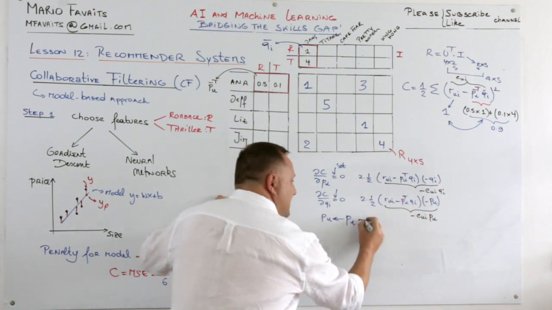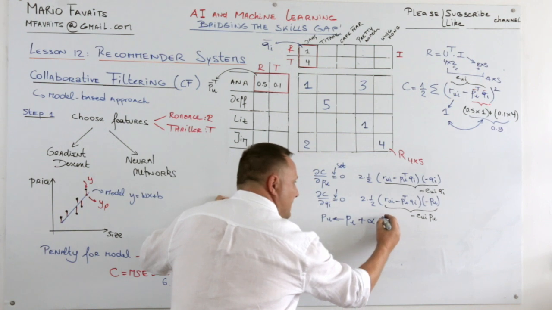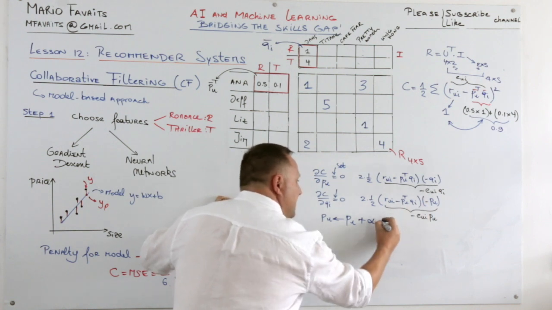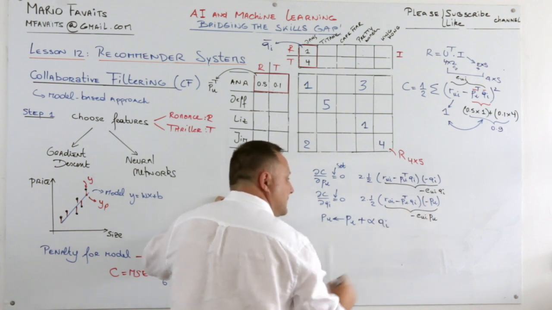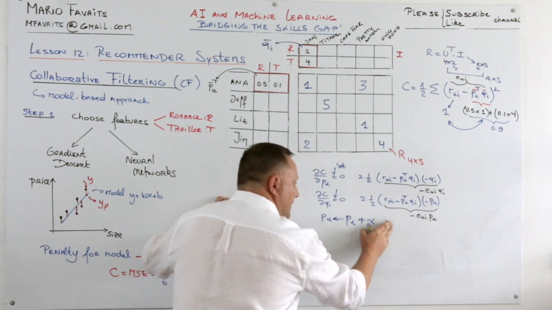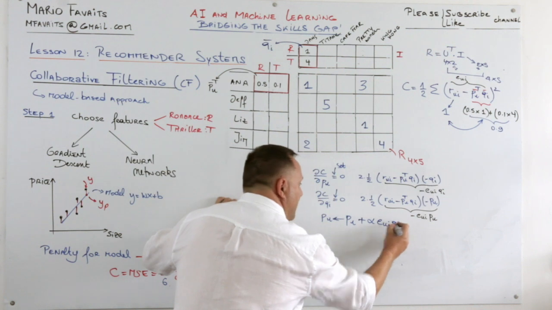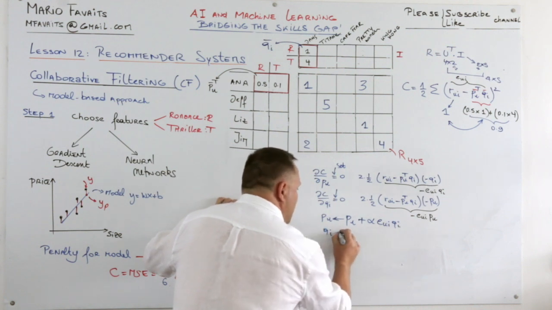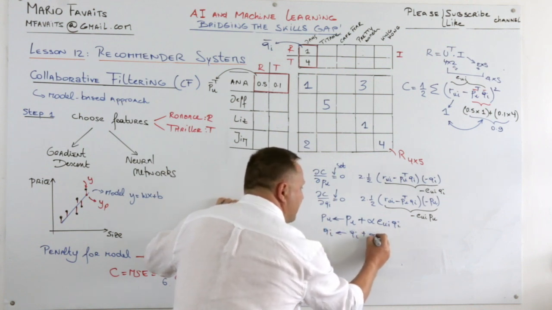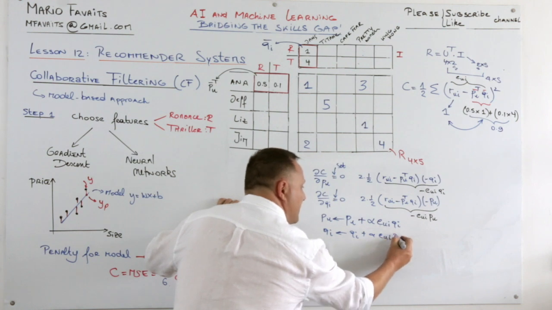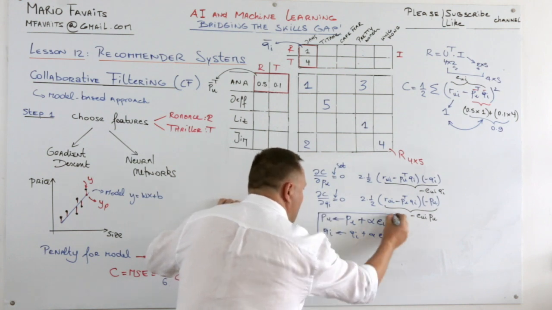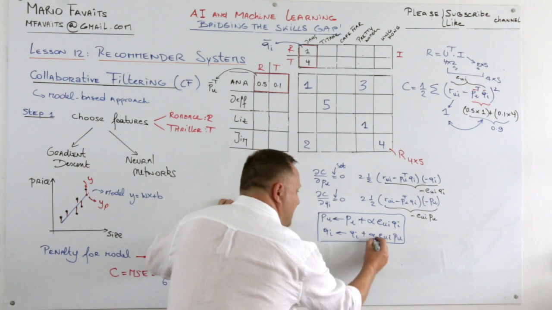That minus makes a plus, and then the learning rate times the derivative will be QI. Sorry, it will be EUI times QI. And for QI, we will have QI plus alpha EUI PU. Yeah? This is your update rule.